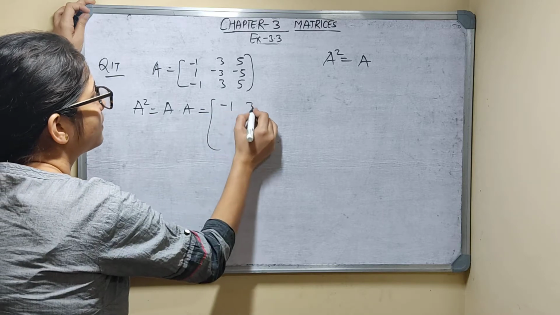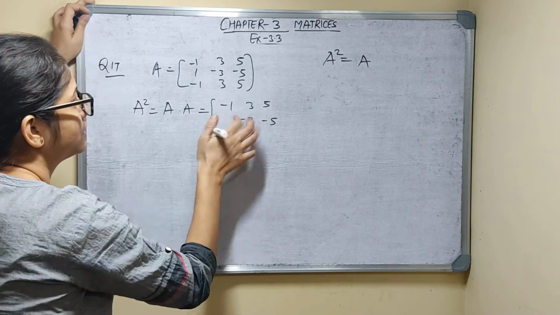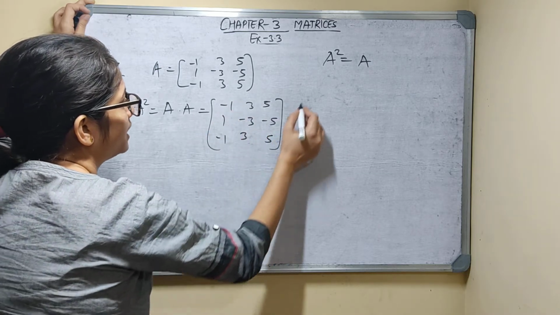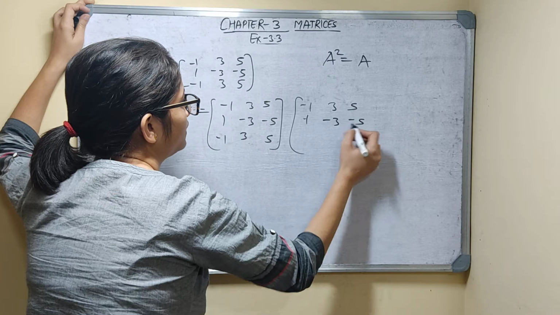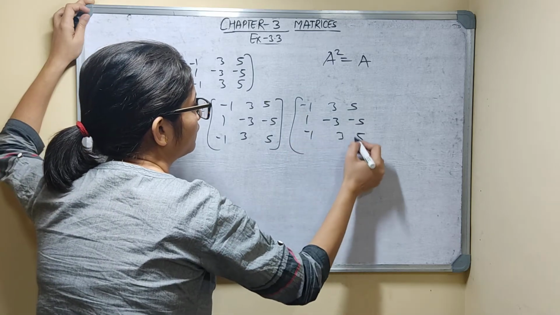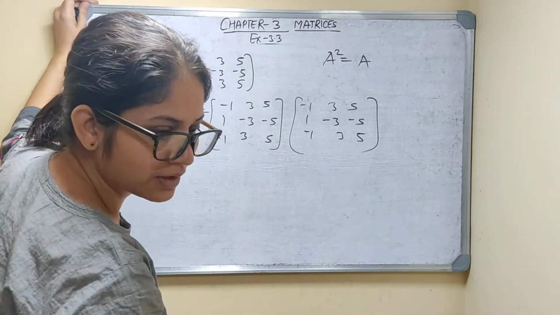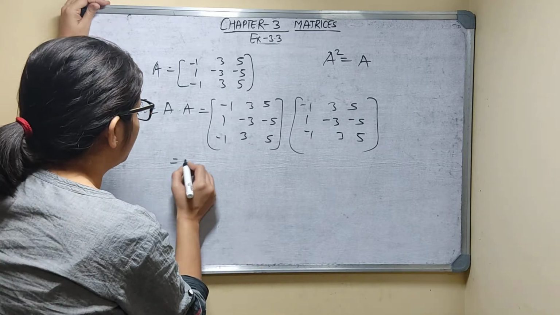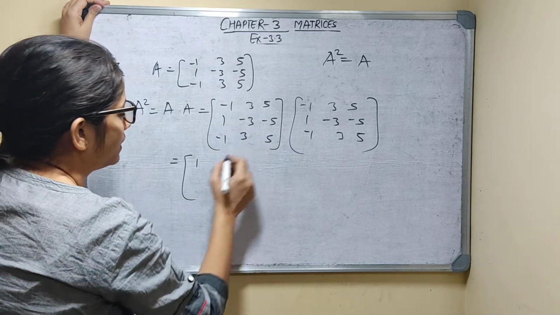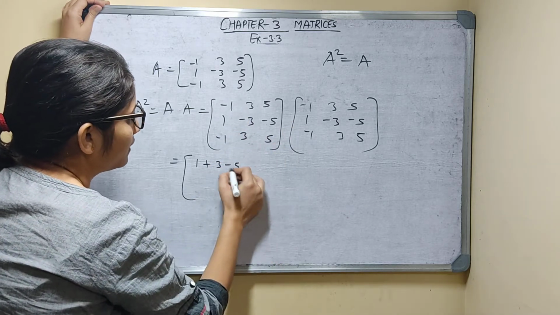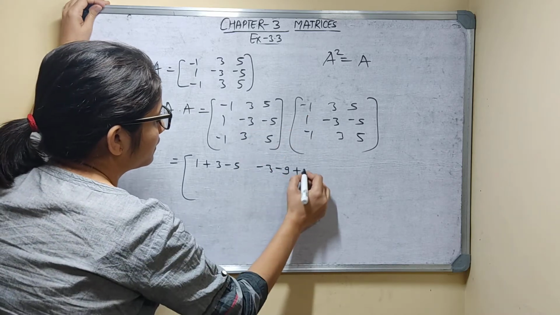It will be minus 1, 3, 5, 1, minus 3, minus 5, minus 1, 3, 5, multiplied with the same matrix. Continue. Minus 1 into minus 1 plus 1, 3 into 1 plus 3, plus 5 into minus 1 minus 5. Minus 1 into 3 minus 3, plus 3 into minus 3 minus 9, plus 5 into 3 plus 15.